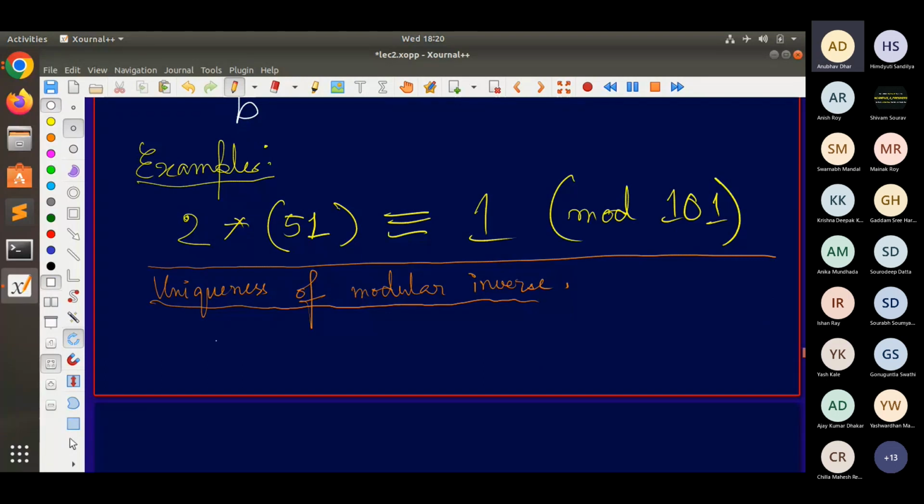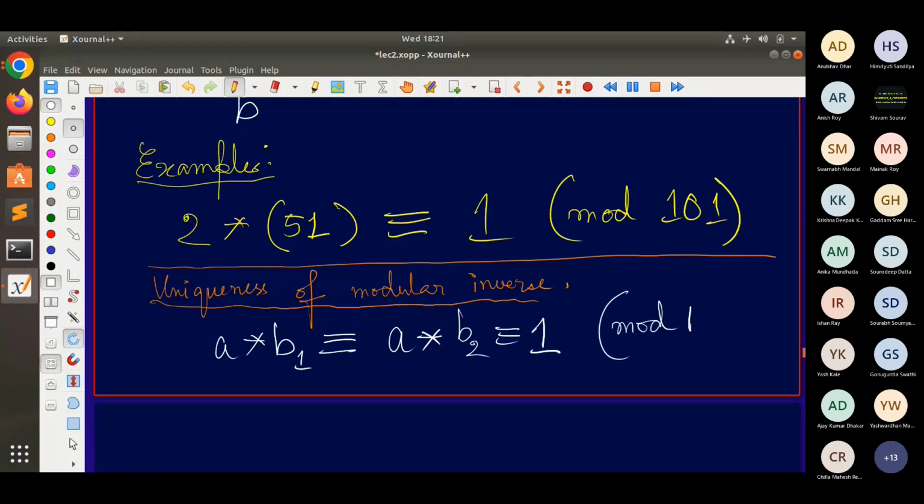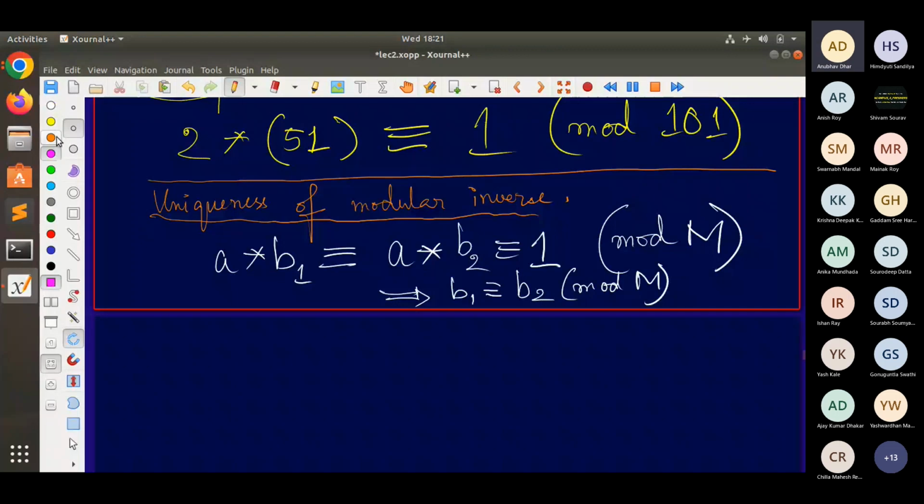So it's something like, if there are two modular inverses B1 and B2 of this number A, then B1 must be equal to B2. Okay, not equal, they have the same modular value. Can anyone prove this statement?